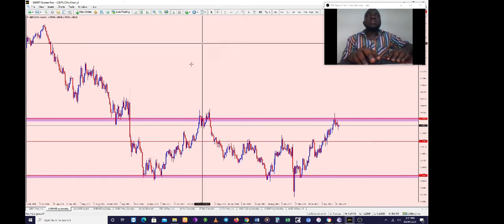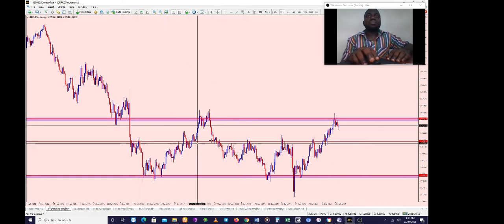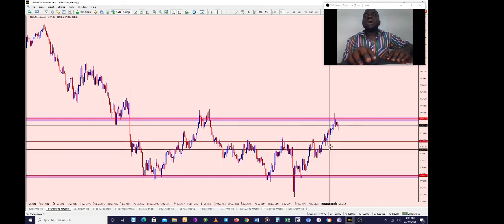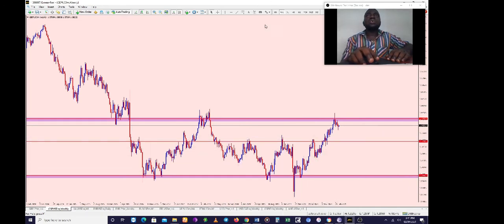We saw that the market tested here: this is 1, this is 2, this is 3, this is 4, this is 5, before finally price broke. So here is considered a psychological importance for the institutions.